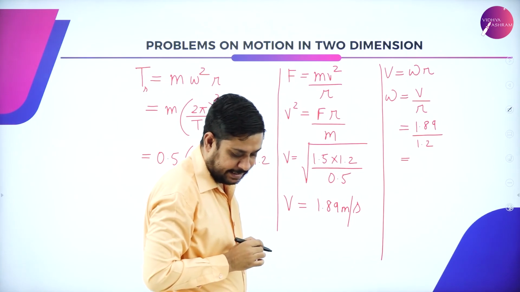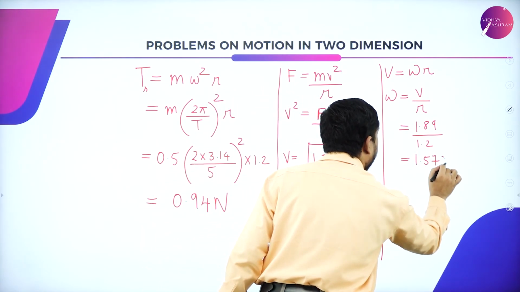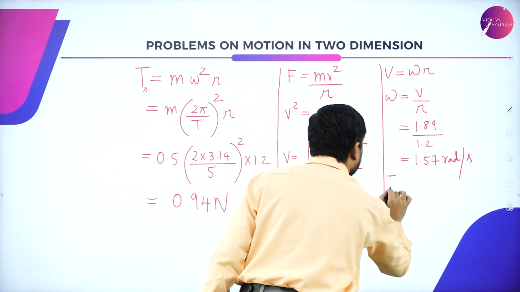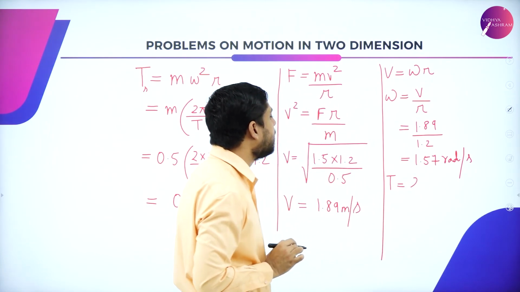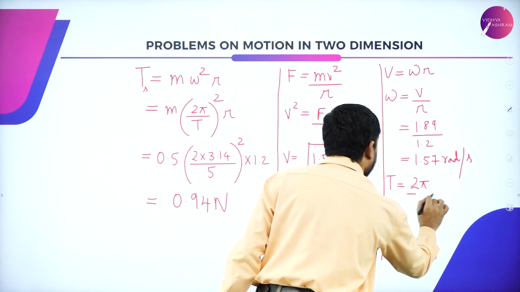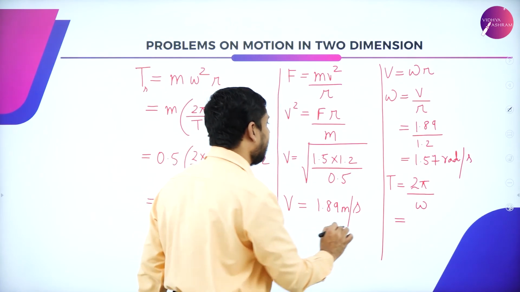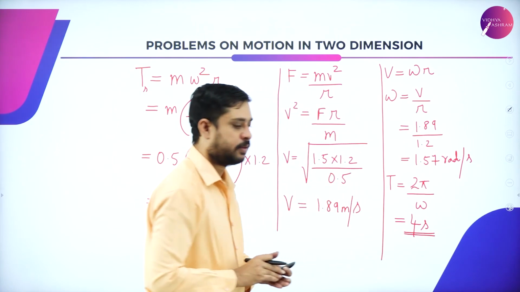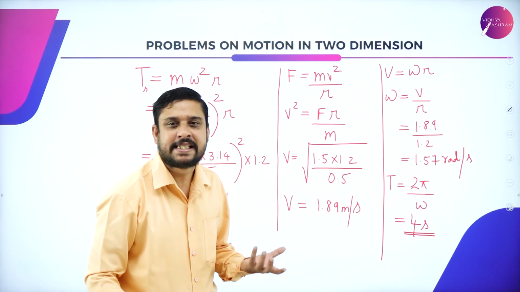So this turns out to be 1.57 radian per second. So T is, now omega is 2 pi by T, or this is 2 pi by omega. So which turns out to be nearly 4 seconds. Step by step, evaluate by substituting.